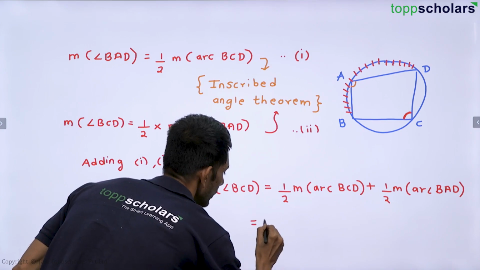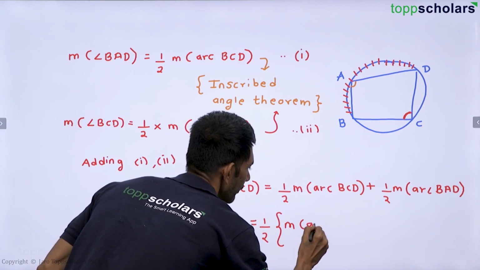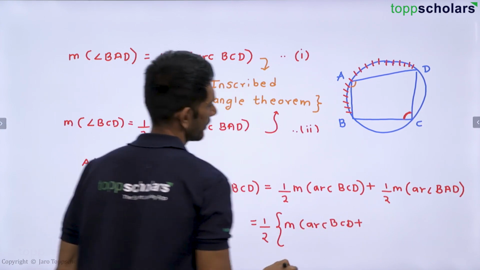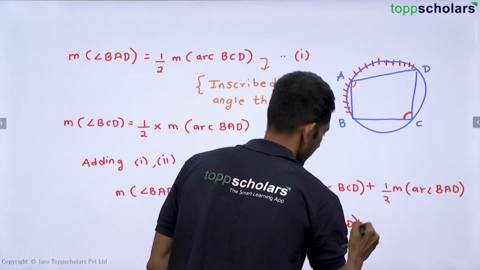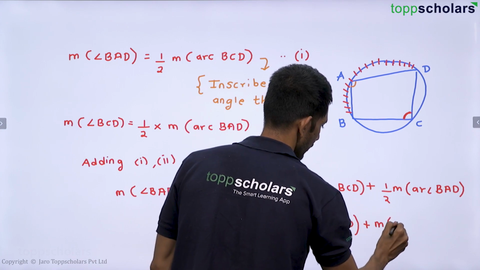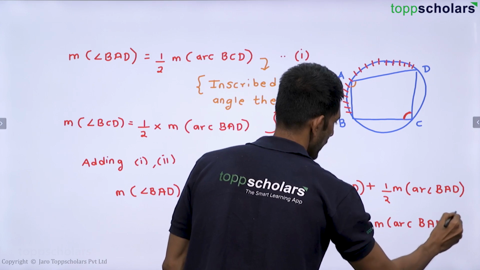So that is equal to half of measure of arc BCD plus measure of arc BAD. Now understand.